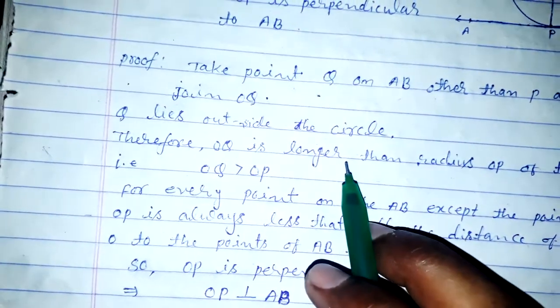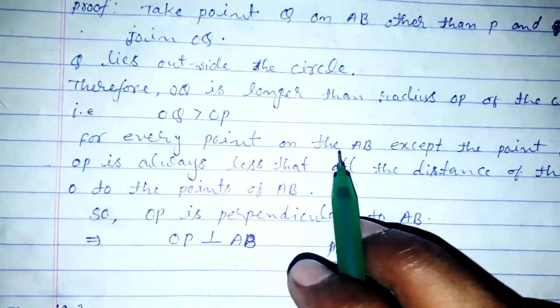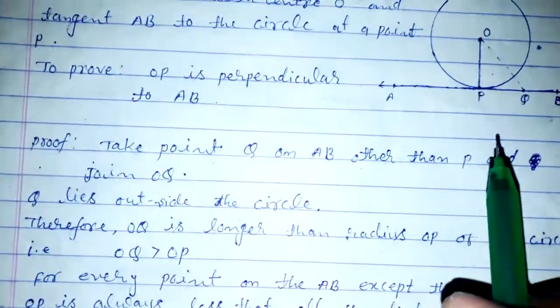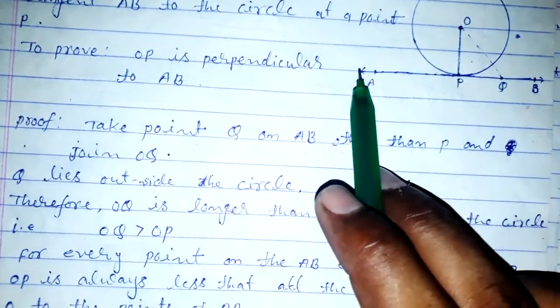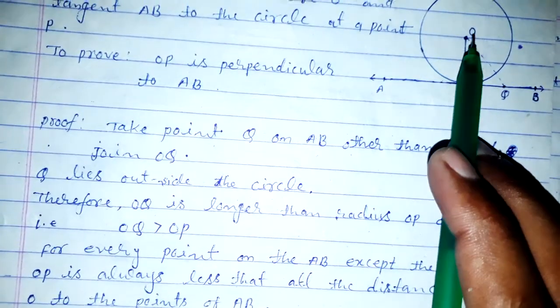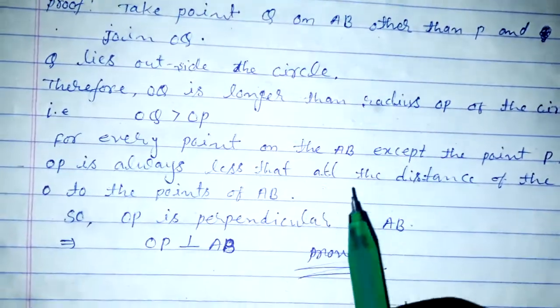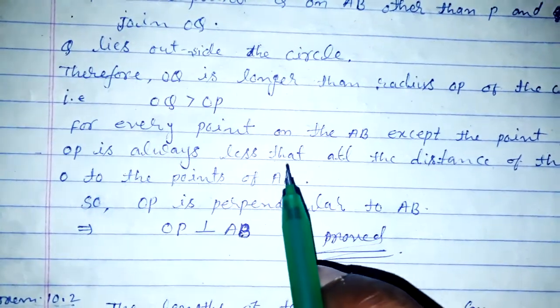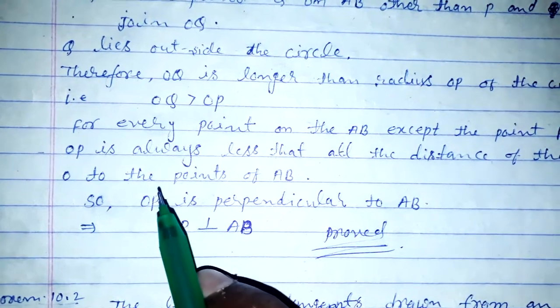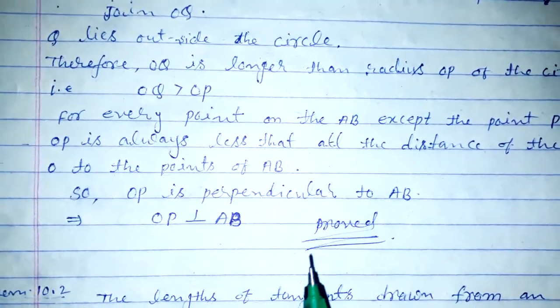OQ is greater than OP for every point on AB except the point P, and all points of AB are exterior points of the circle. So OP is always less than the distance from O to any point of AB.